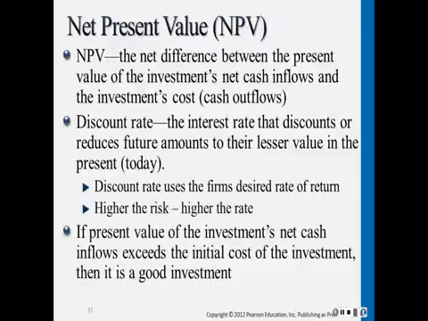It is also called the required rate of return because the investment must meet or exceed this rate to be acceptable. The discount rate depends on the riskiness of investments. The higher the risk, the higher the discount or interest rate. We then compare the present value of the net cash inflows to the investment's initial cost to decide which projects meet or exceed management's minimum desired rate of return.